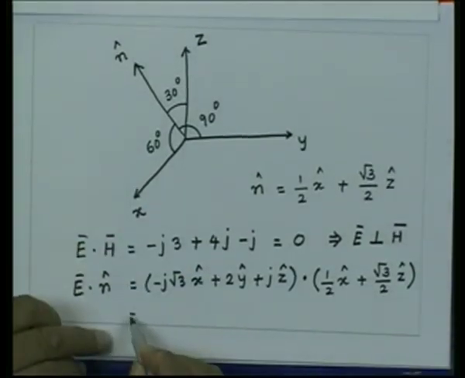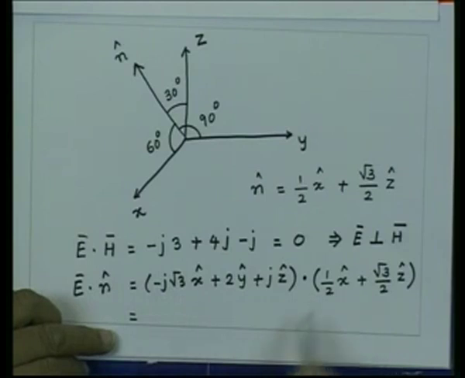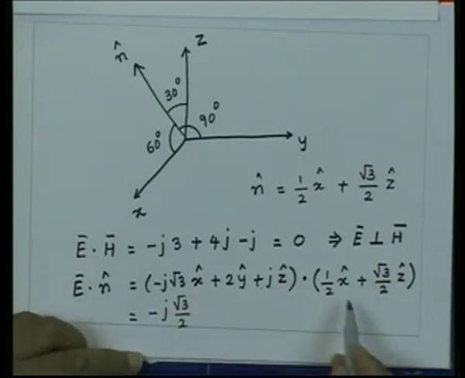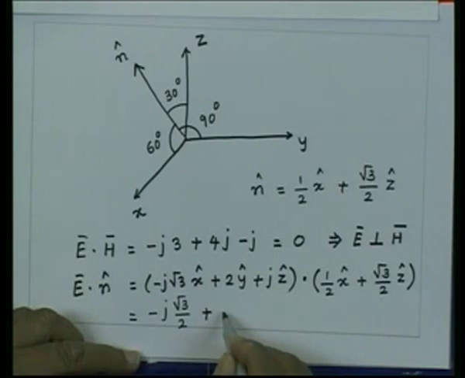So, that is equal to minus j root 3 upon 2 minus j root 3 upon 2 plus j root 3 upon 2, that is equal to 0.